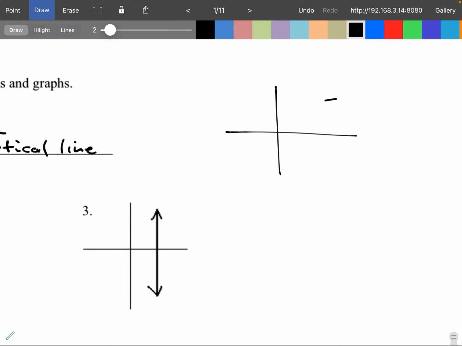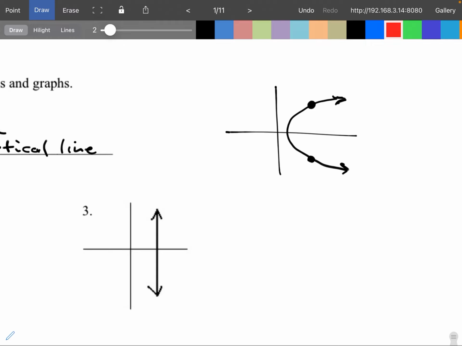All right, now I never really talked about this. There's a test you can use to decide whether it's a function also. So off on the side here, I'm going to draw a little picture for you guys. Let's say you had a graph like this. Was that one a function?